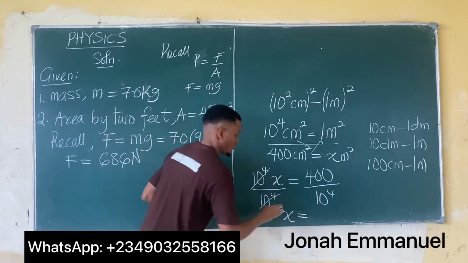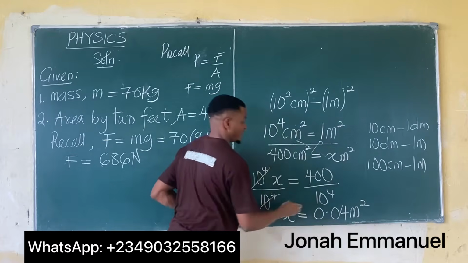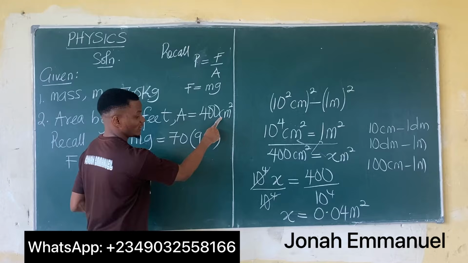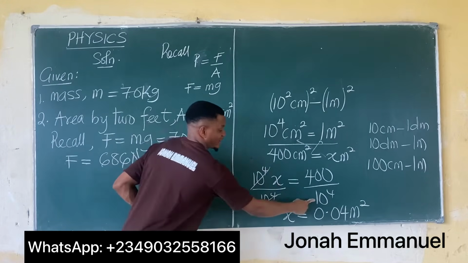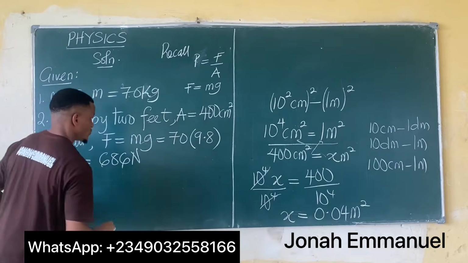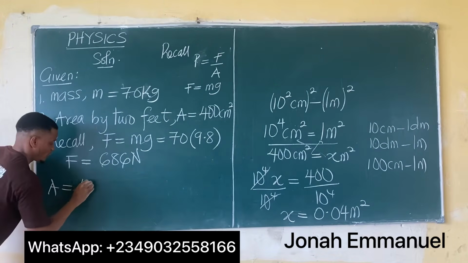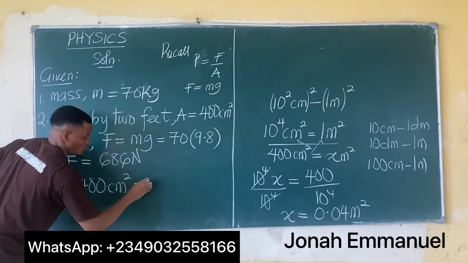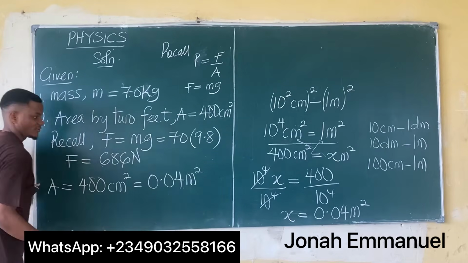That gives you 0.04 meters squared. So in other words, to convert from cm squared to meter squared, simply divide this value by 10 to the power 4. That's all. So area given as 400 cm squared is equal to 0.04 meters squared.